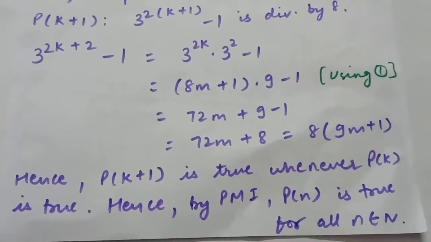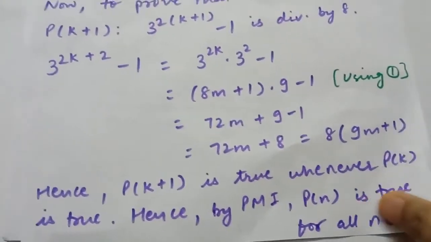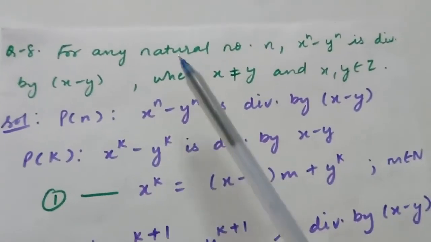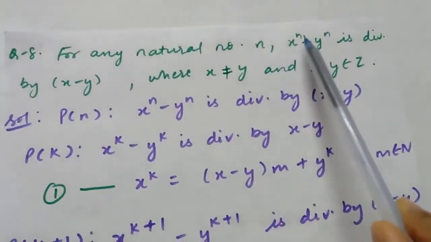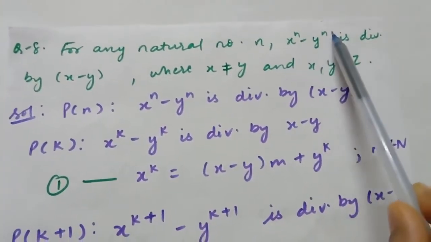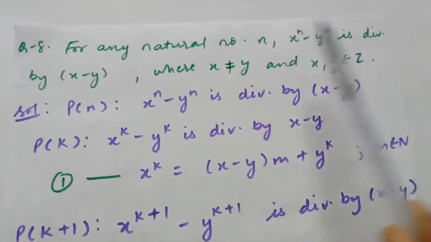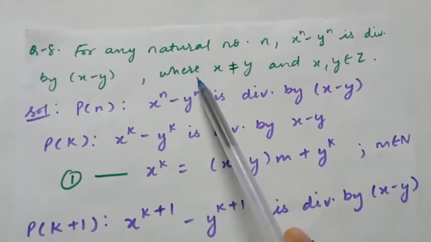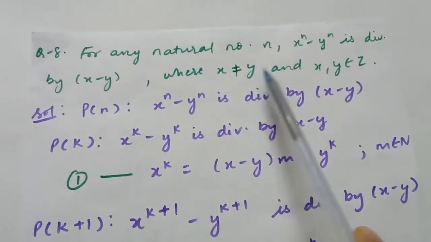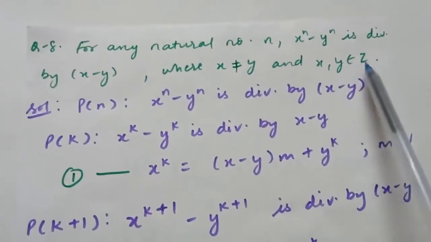These were the steps to prove any statement, right? Now question number 8. For any natural number n, x raised to the power n minus y raised to the power n is divisible by x minus y, where x is not equal to y and x, y are integers, right?